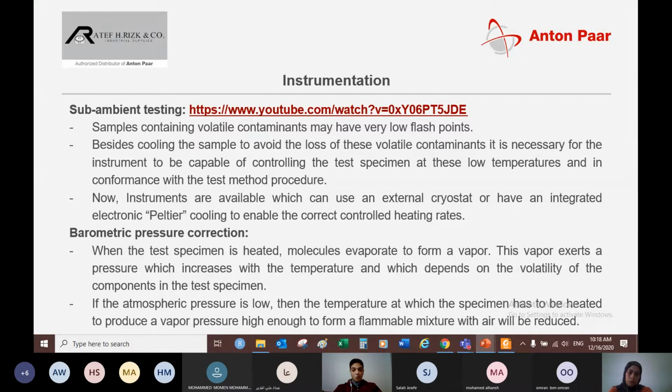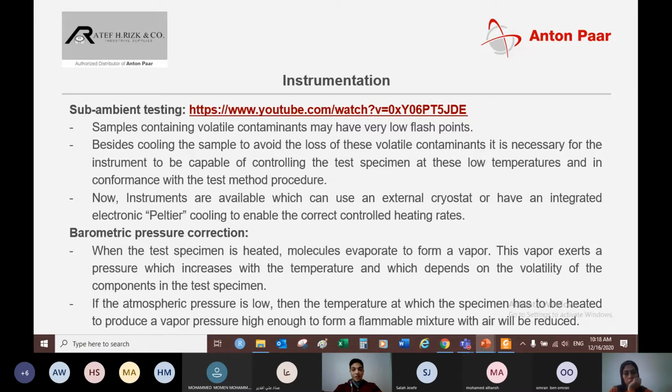The first method is to use a circulator, a water circulator, or any kind of circulator according to your temperature. The other one, which is more reliable and more accurate, is called the Peltier cooling method.